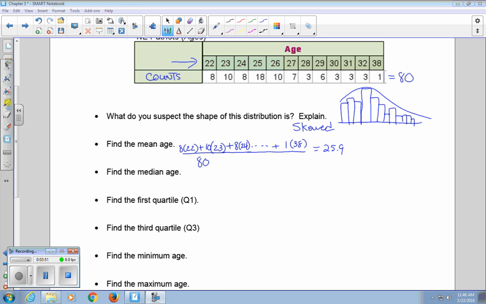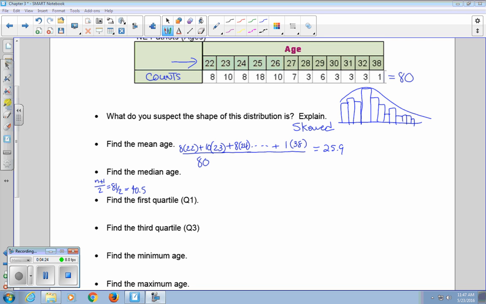The median age. To find the median age, we probably want to use our formula for finding the position of the median, which was n plus 1 over 2. So we're looking at 81 divided by 2, which is 40.5. Now we can count in from the beginning to find our 40.5. We're going to take the average between the 40th and the 41st data point.